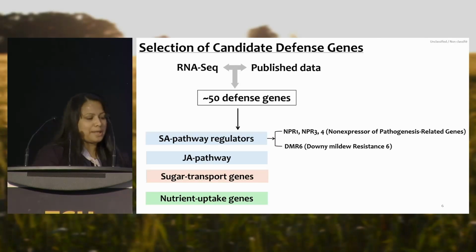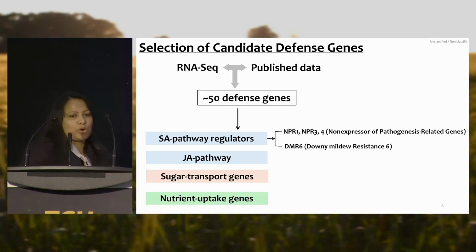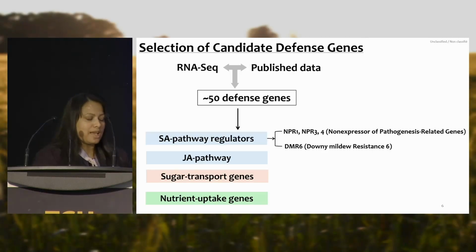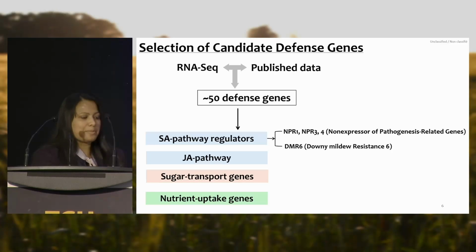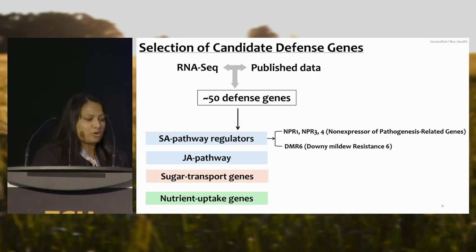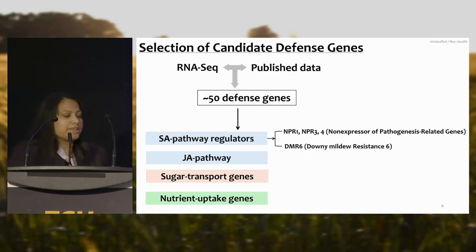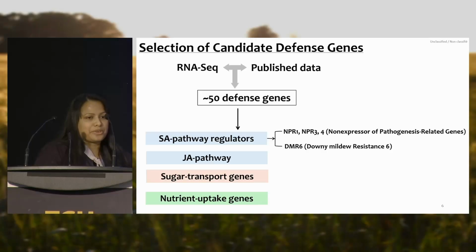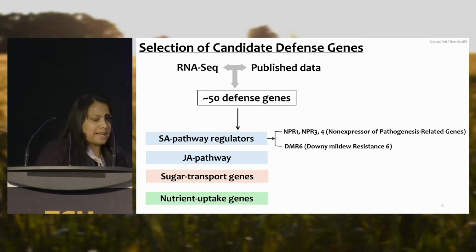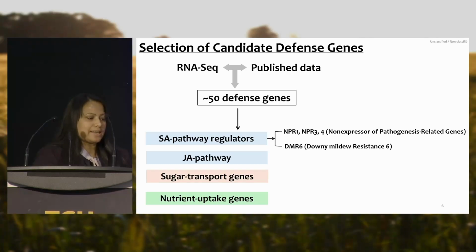For example, NPR1 is a well-known salicylic acid regulator that turns on the salicylic defense response. Since NPR1 boosts resistance, we selected it as an overexpression candidate. Whereas NPR3, NPR4, and DMR6 act as negative regulators, which means they turn off the salicylic defense.